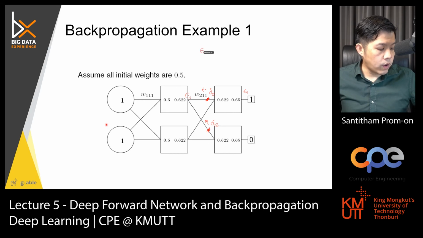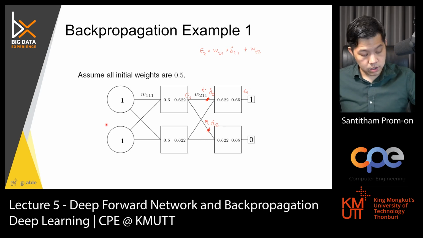The error at 11 here would equal the weight W211 times delta 21, plus the weight from layer 2 node 1 to node 2 times delta 22.